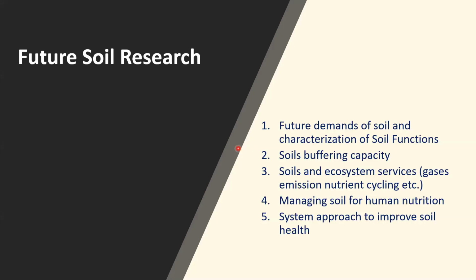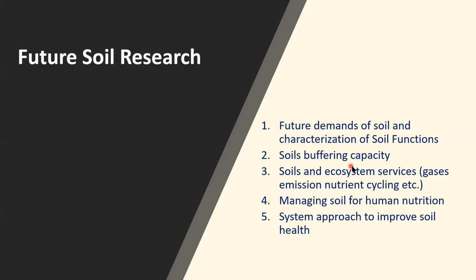Now coming toward the future research directions in the current scenario. The research will be based on the demands on the soil and the characterization of soil functions, to understand soil function in a better way.